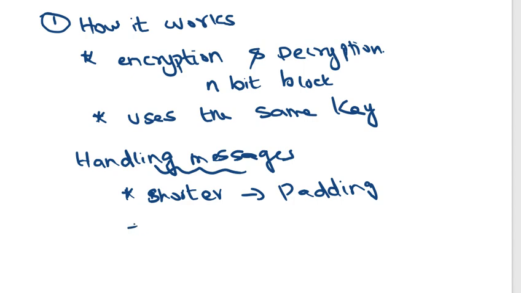And if the message is longer than n bits, it is divided into n bit blocks. So the prime objective is that we are going to encrypt n bit blocks. If the block is shorter, padding is used, and if it is longer than n bits, it is divided into n bits.